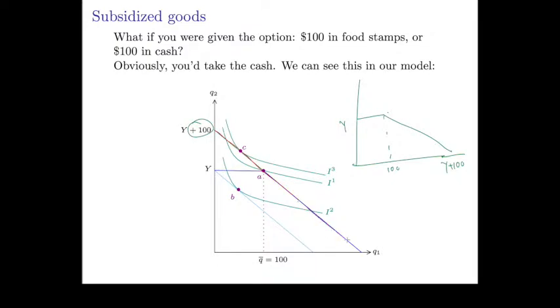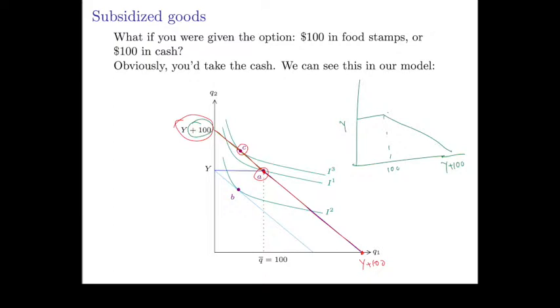If you spend all your money on other stuff, you get to spend Y plus 100 on other stuff. If you spend all your money on food, you get Y plus 100 on food. You get this whole line. So whereas you were picking this bundle A, when I said, listen, this $100 I give you, you can spend it only on food, when I don't restrict you to spend it on food, you pick the bundle C, and C is better than A.